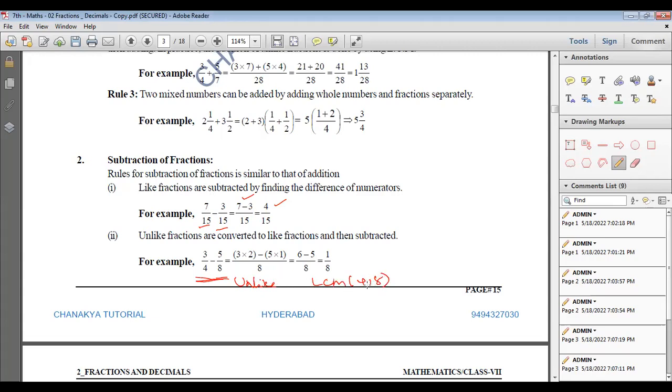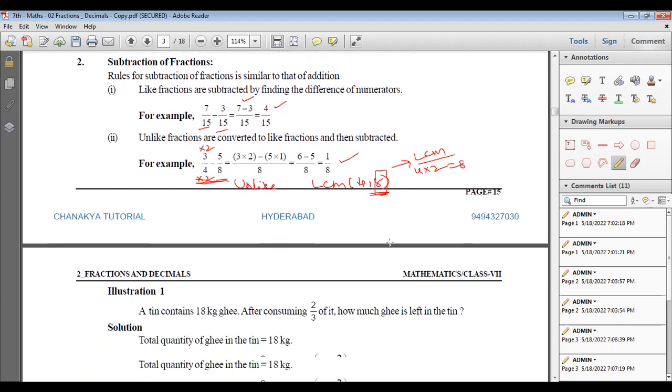By looking at 4 and 8, you can simply say the LCM is the greater number, because twice 4 gives 8. No need of doing the complete procedure in this case. Simply multiply the first fraction by 2, and then your fractions are like fractions. 3 twos are 6, 6 minus 5 is 1. 1 by 8 is your answer. That's a simple subtraction part, children.